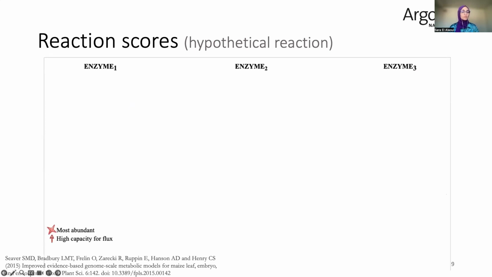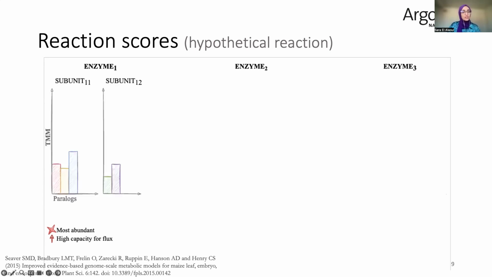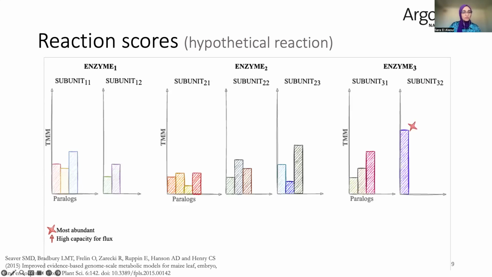So this is a hypothetical reaction with 3 enzymes. Let's say this reaction can be catalyzed by one of these 3 enzymes. Each enzyme is typically composed of a number of subunits, could be 1, 2, 3, or more. And each subunit has a certain number of paralogs that can constitute that subunit.